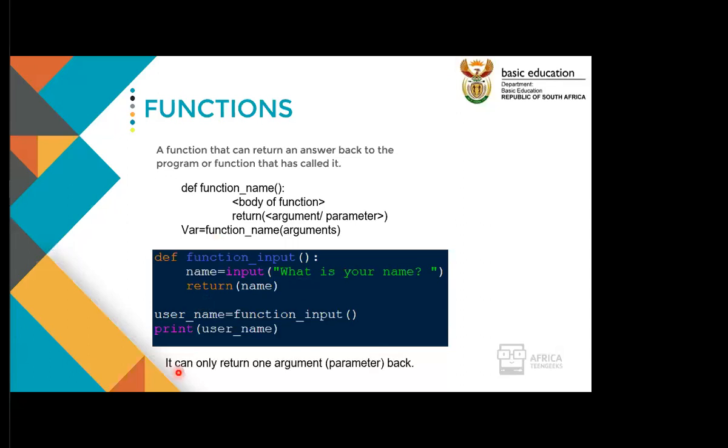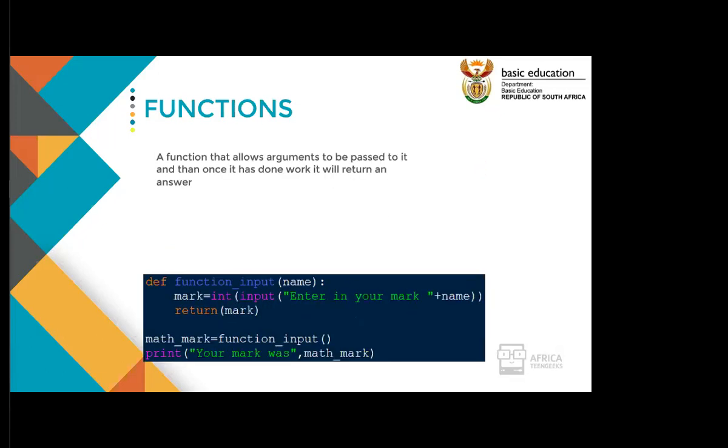So it can only return one argument or parameter back, yes. Unlike our function which we can send information to, this function can only return one answer at a time. It cannot return more than one. Well, technically it can, and we'll go through that later on, but at the moment it can only return one value at a time. Right. So let's move on.